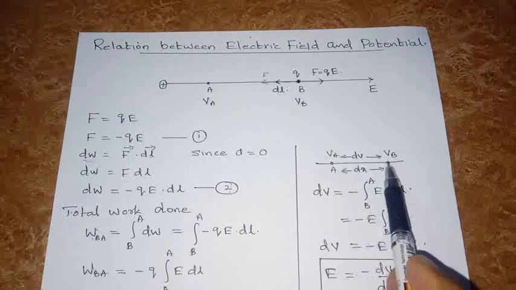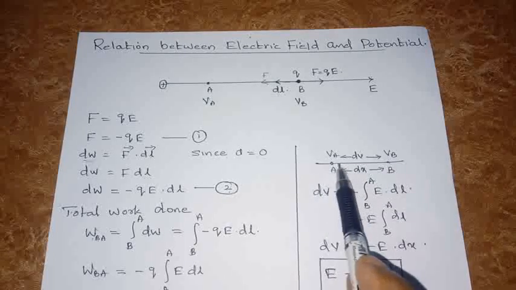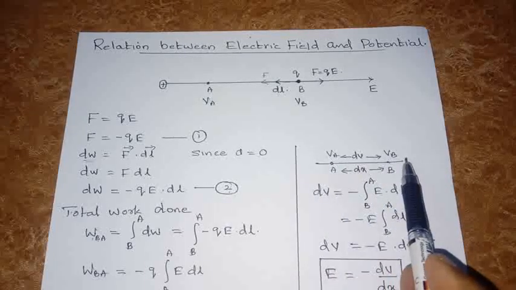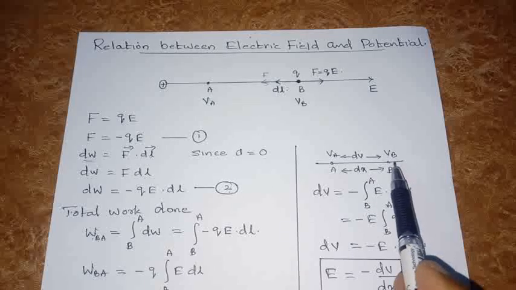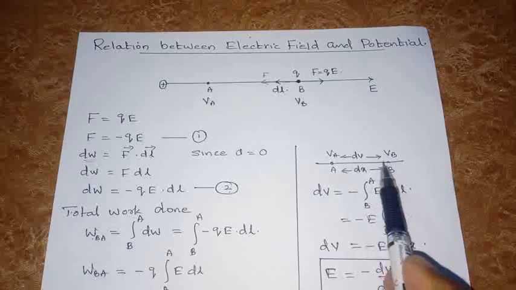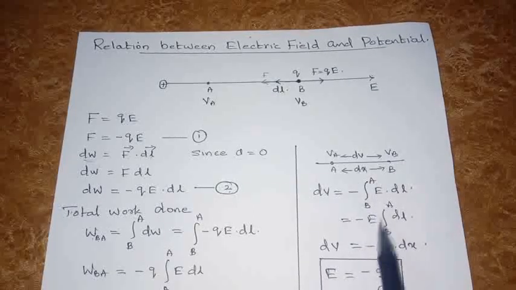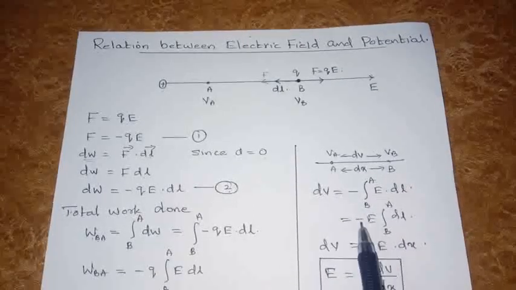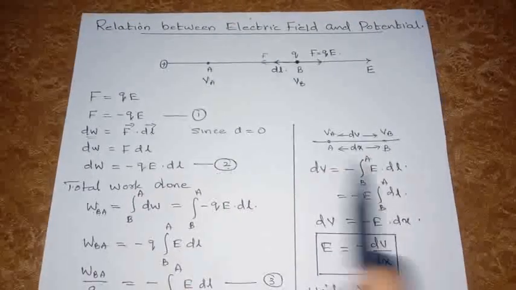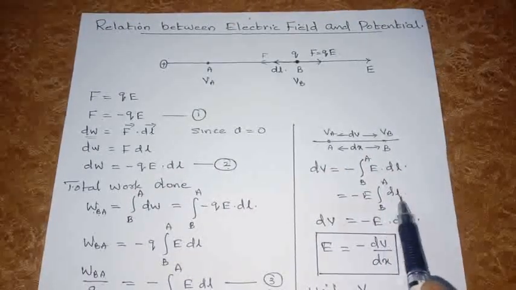Since A and B are very close, there is not much change in the electric field. Electric field varies for a large distance only. When A and B are very close, electric field can be taken as constant. Therefore, it can be taken out: minus E into integral B to A dl.